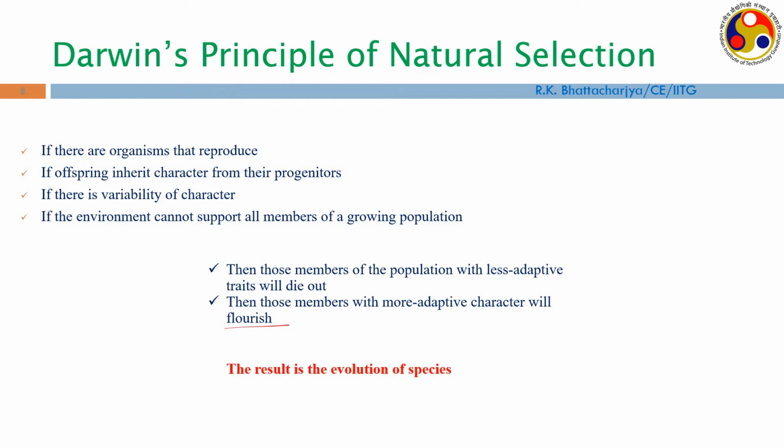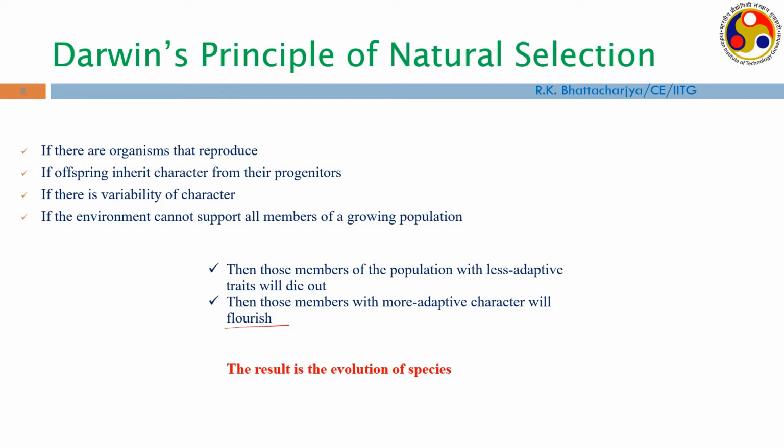In that case, those members with less adaptive traits will die out, and those members with more adaptive characters will flourish. This is the evolution of species.